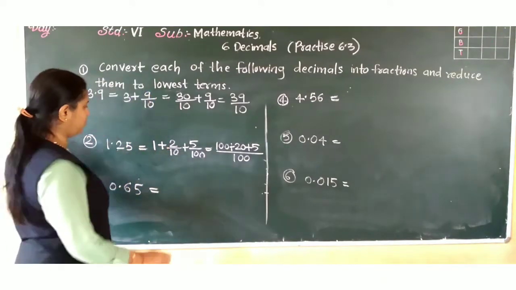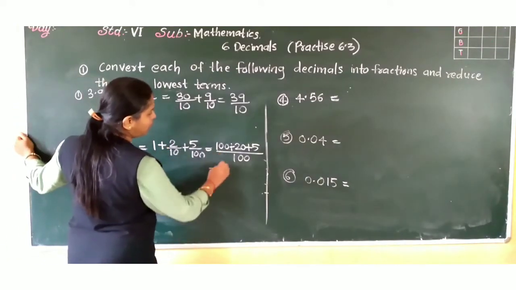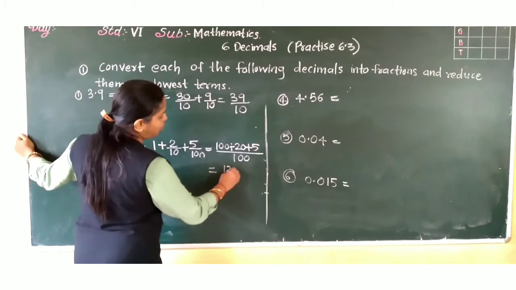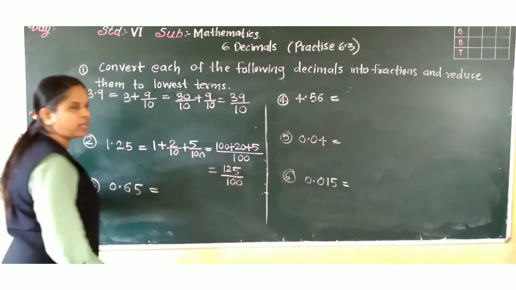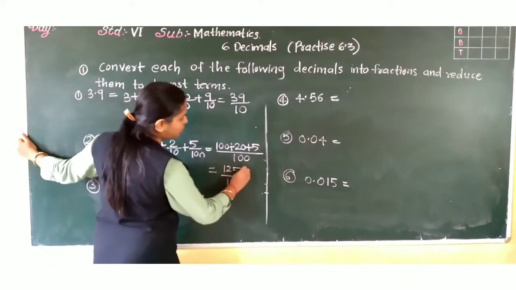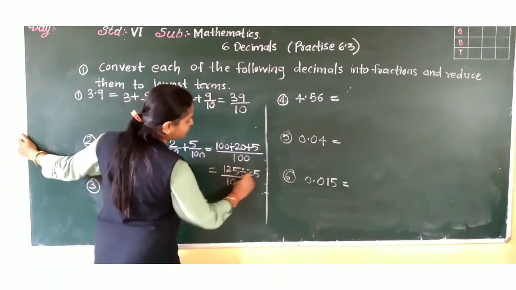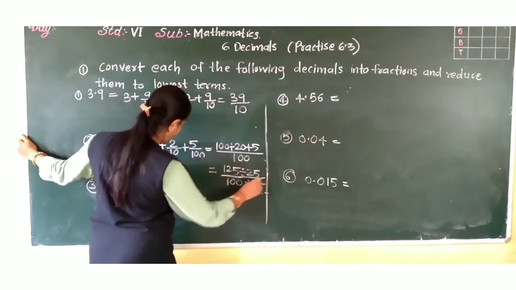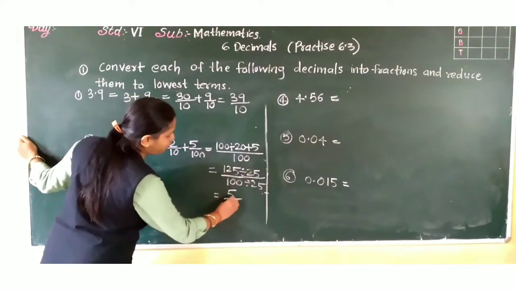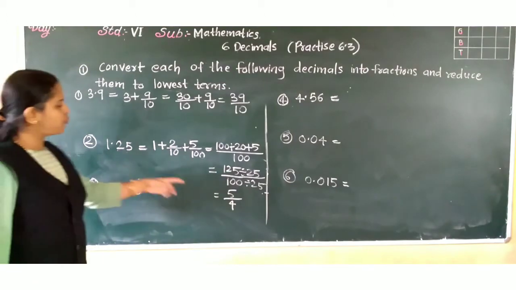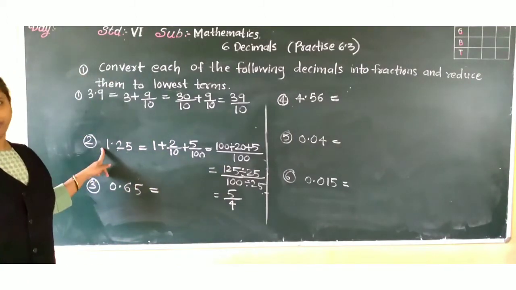Okay. That is 125 upon 100. Now what is the HCF of 125 and 100? 25. So divide it by 25. Okay. So what is the reduced form? 25 fives are and 25 fours are. This is the reduced form of 1.25.